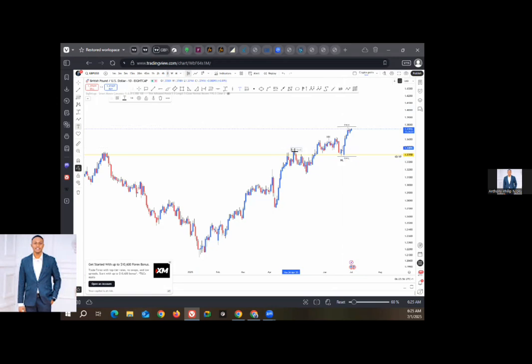And this was the previous higher high over here, and the higher low over here. So let's just connect these two higher lows.